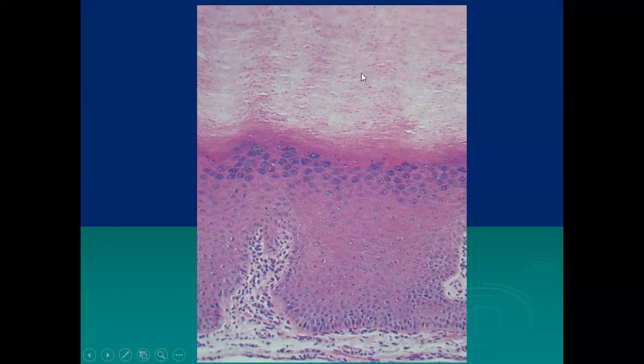Another feature of all the hyperkeratotic conditions is thickening or prominence of the stratum granulosum. This is also called hypergranulosis. So hypergranulosis is associated with hyperkeratosis, while another condition which is not going to be discussed at present here is parakeratosis, characterized by retention of nuclei in the stratum corneum.